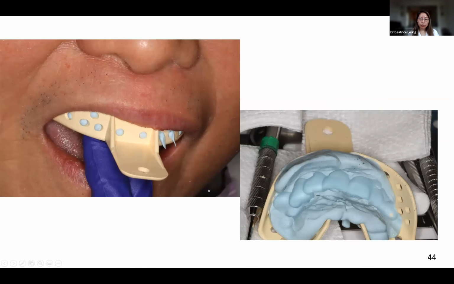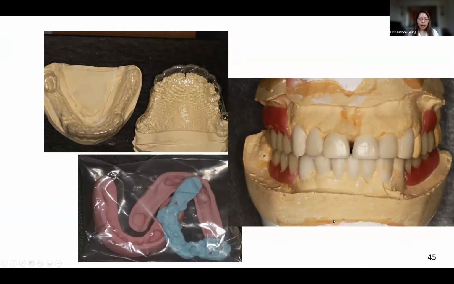What I usually do is, before I do anything, I take a sectional impression of the area, and I use bite registration material, which tends to set a lot faster than traditional impression. It just gives me a mold of the particular tooth that I'm going to make a temporary crown for.